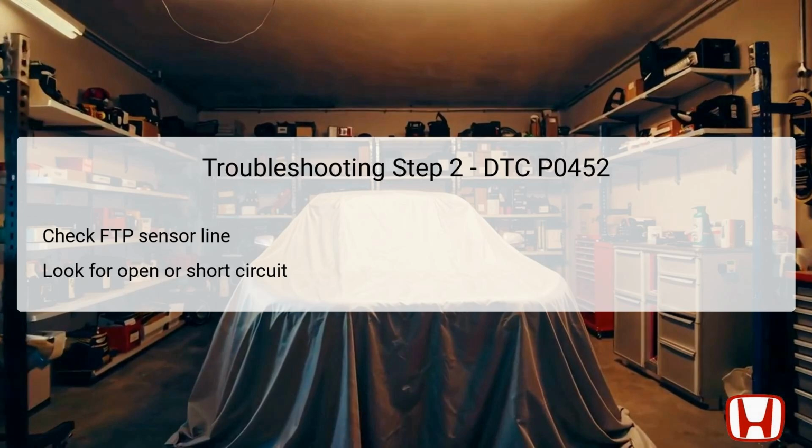If no issues are found in this area, the next diagnostic move is to check for a potential short circuit within the FTP sensor line. A short circuit may involve an improper grounding that can lead to erroneous low-voltage readings. This step is centered around ensuring the lines connecting the sensor to the PCM are intact and functioning correctly. Both opens and shorts can lead directly to DTC P0452 being triggered.